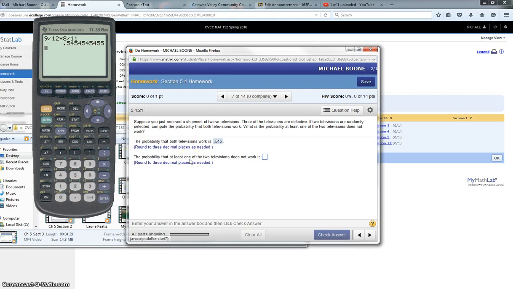So at least one of the 2 televisions means that 1 or 2 of the televisions does not work. Not 0 does not work, because that means both of them are working. So I would just do 1 minus our previous answer.